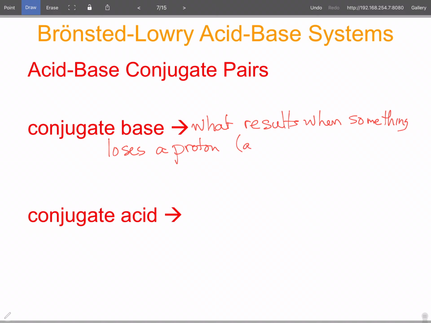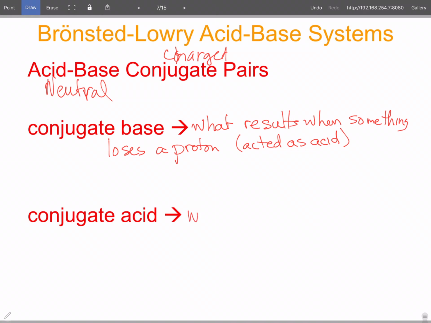That means it acted like an acid. So once it lost that proton, it no longer has it. It's going to possibly want it back, which makes it a base. And we talk about acids and bases as being neutral, and conjugates tend to be, not always, but they tend to be charged.